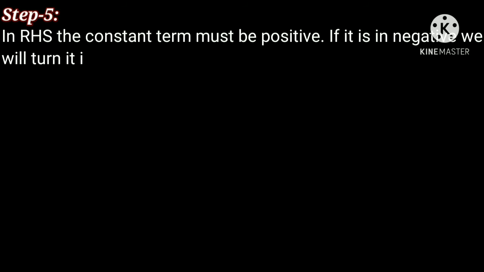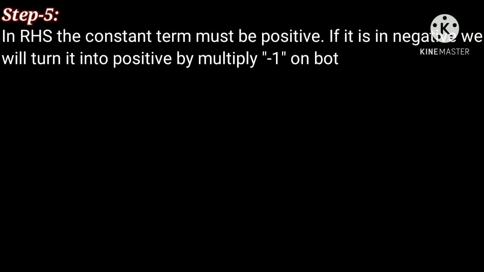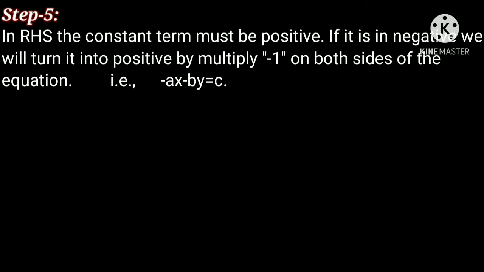Step 5. On the right hand side of the equation, the constant term must be positive. If it is negative, we will turn it into positive by multiplying by minus 1 on both sides of the equation, that is minus ax minus by equal to c.